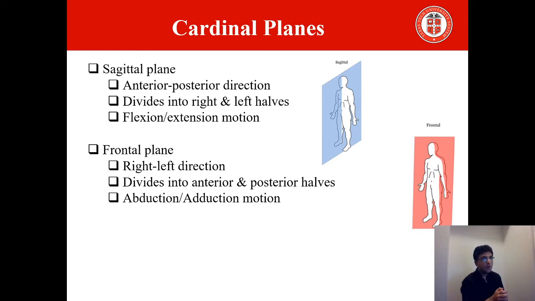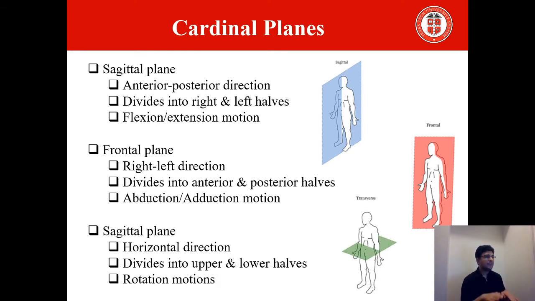So if you know what abduction is, it is the movement away from the median plane. So if my hand is moving away from the median plane, away from the center, it is abduction. And if it's coming back to its original position, this is the adduction movement.